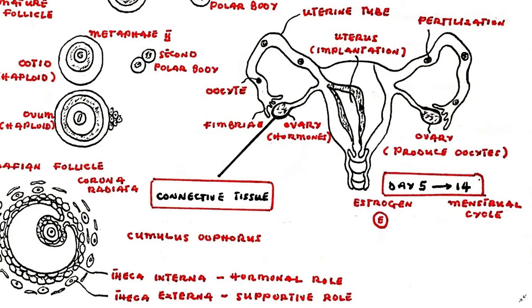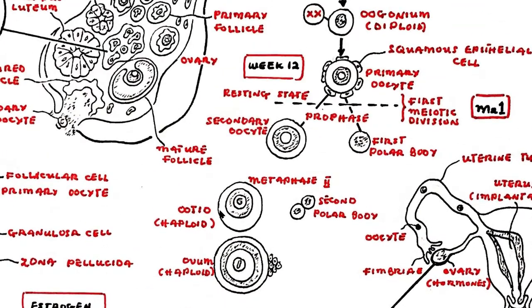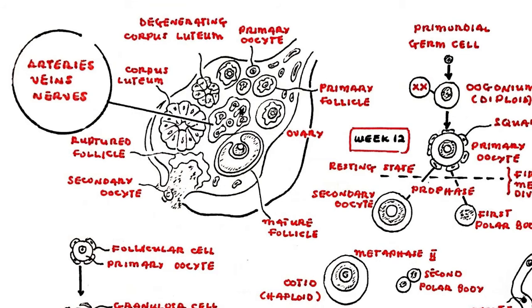The adult ovary is predominantly made up of connective tissue that supports a large number of follicles. Blood vessels and nerves are concentrated within the central medulla, whereas follicles are found in the outer cortex in varying stages of development.